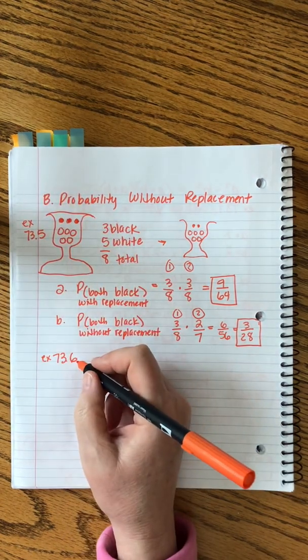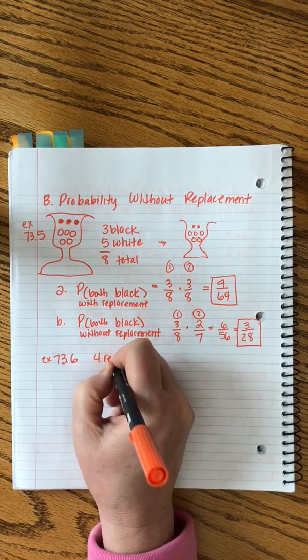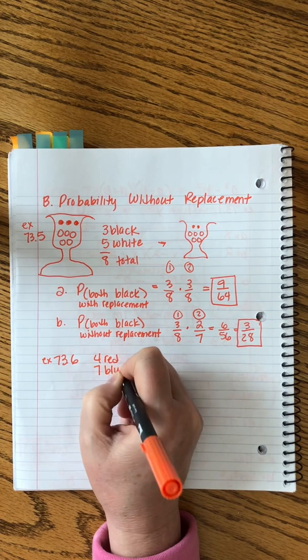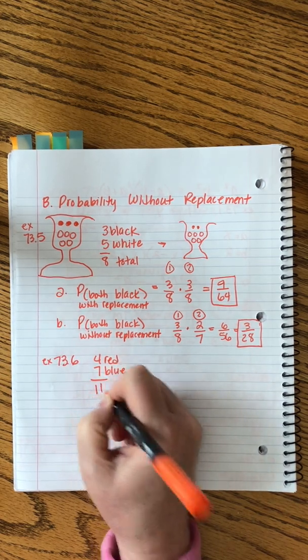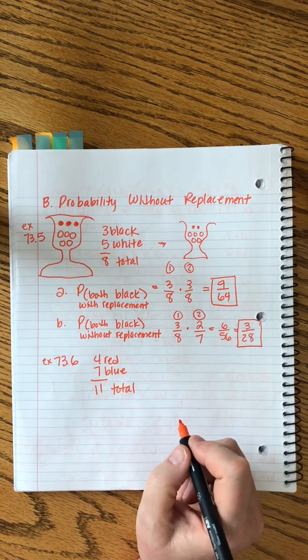Here's 73.6. An urn contains 4 red. I'm not going to draw an urn this time. You'll have to draw your own. 4 red marbles and 7 blue. I immediately find out what the total is because I know I'm going to need that. 2 marbles are drawn at random.